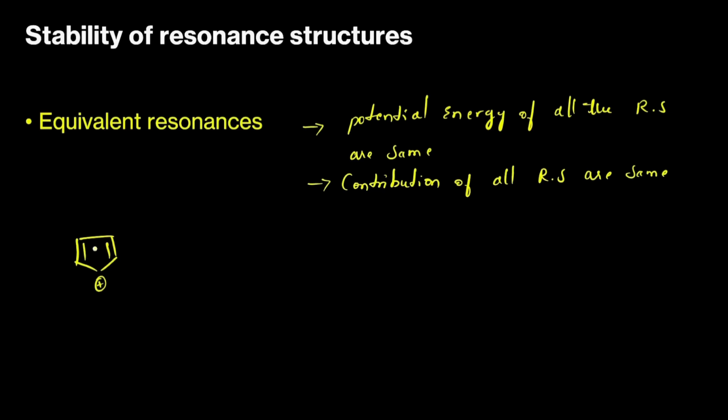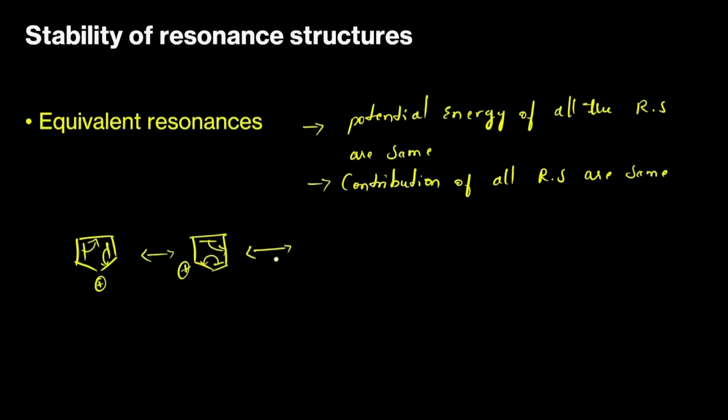If you write the resonance structure, this pi electron moves here and this comes here. Therefore it can be written as, here the pi bond, positive charge shifts here. Again if you write the resonance structure, this pi bond comes here and these pi electrons move here.